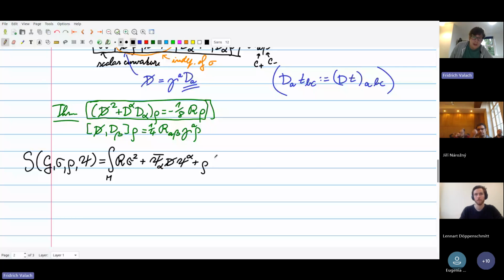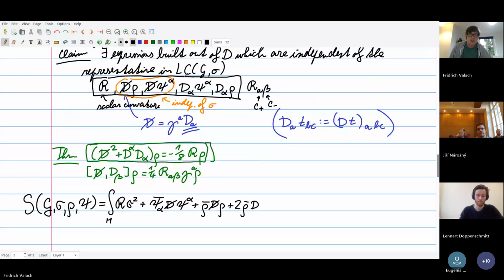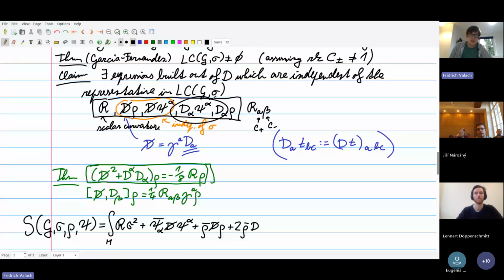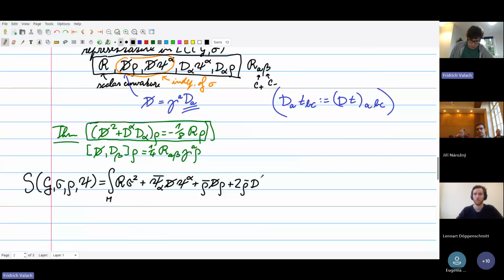This is the kinetic term for psi, there is a kinetic term for rho, and there is a slightly surprising but not too harmful cross term. So this has been known.